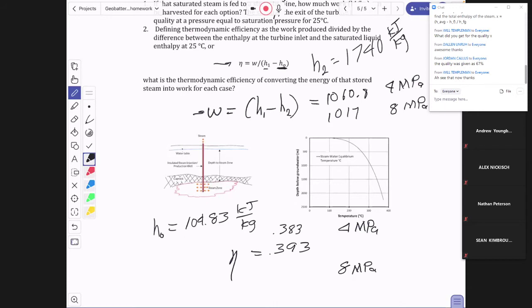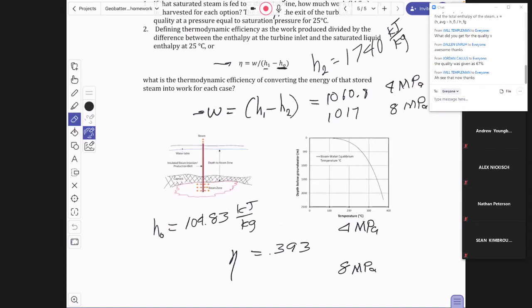I got 0.393. Okay. So we'll just go ahead and go with that one. Okay, that's for the 4 megapascal.